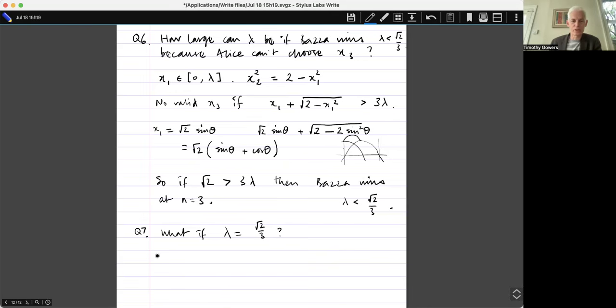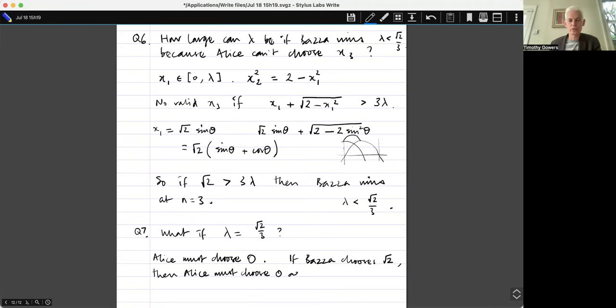So therefore, Alice must choose naught. And we don't know for sure that Bazza is going to be greedy, but if Bazza is greedy and chooses root 2, then Alice must choose naught again, because 3 lambda is root 2 and we've already added up to root 2.